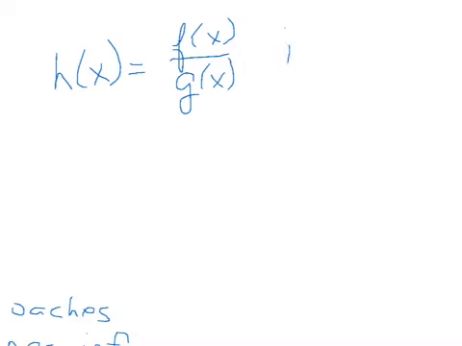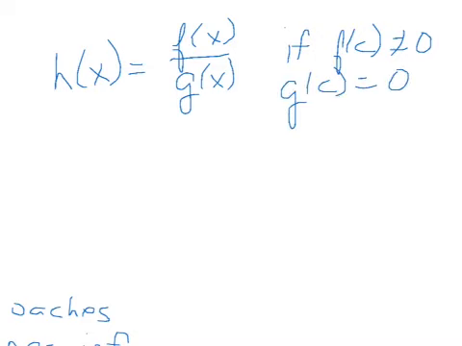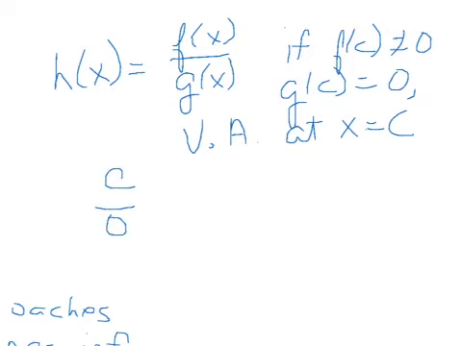Okay, if f of c is not equal to 0 and g of c equals 0, we have a vertical asymptote at x equals c. This requires that we get a number for the numerator. So any time that we end up with a constant over 0, we are going to have a vertical asymptote.